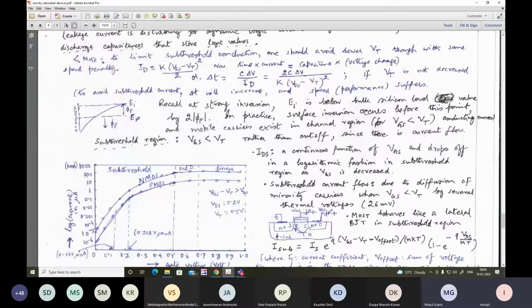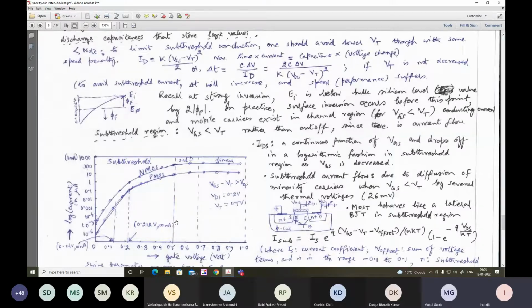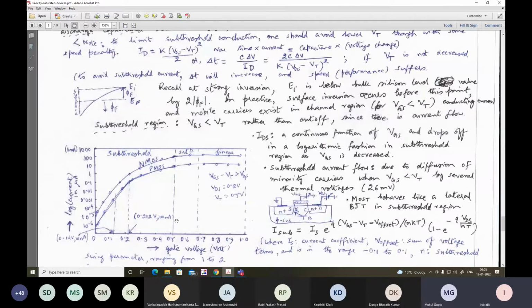One is the subthreshold. Here, for example, the typical technology data is VT equal to 0.5 volt. So before that, the region is denoted as the subthreshold region.